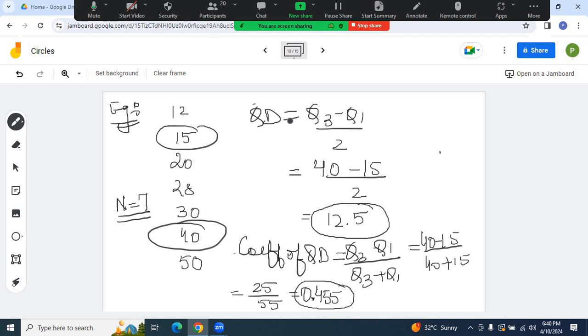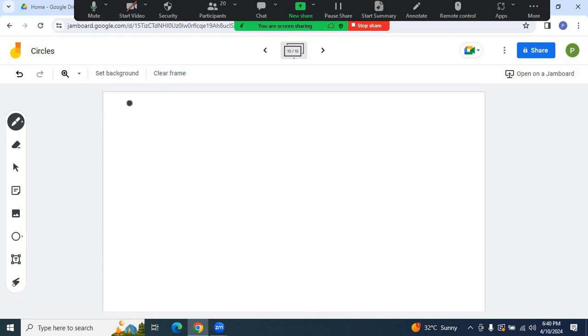Okay, let's start next. Now it will be a discrete series. In discrete series we have observations and frequency both. We have done ample sums in the past 2 sessions. Let x be the observations and f the frequency.